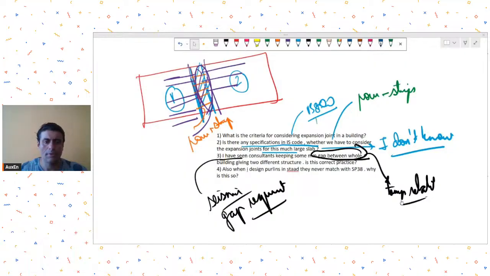Okay, wait. Let me just answer your other queries first. Then Mr. Ketan is also asking, when I design purlins in STAAD, they never match with SP38. Why is this so? I don't know. You might check what you are doing in STAAD and what has been done in SP38. See if you have applied the proper parameters in STAAD. Generally, SP38 values will be more conservative.